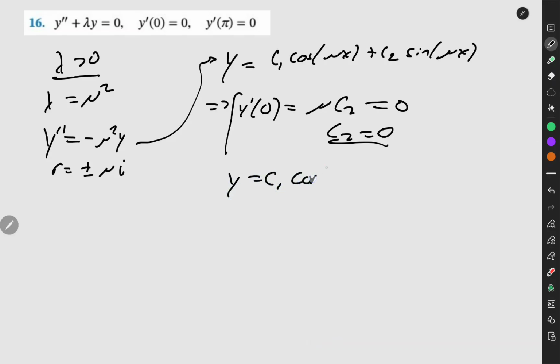So then we can rewrite this like that. And then we can look at the second boundary condition.